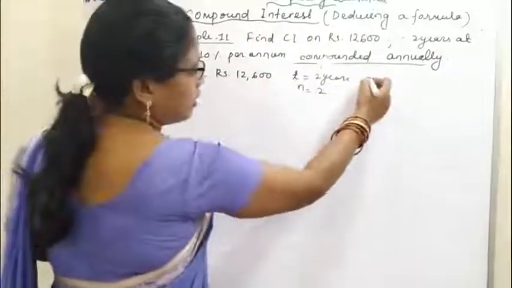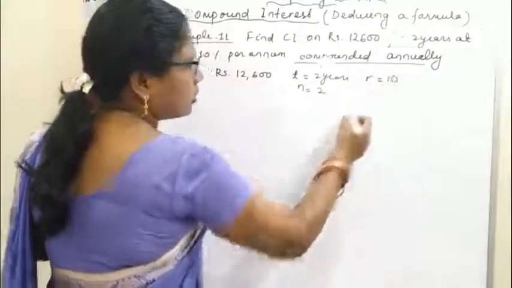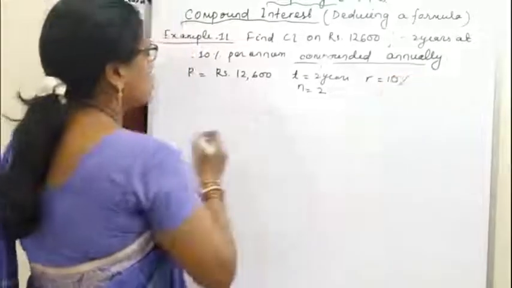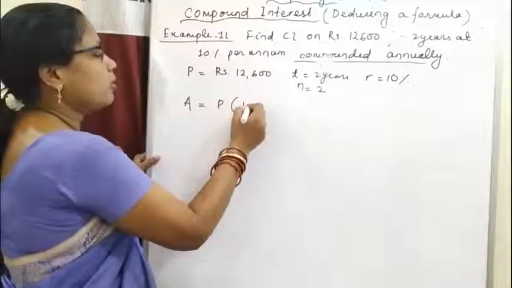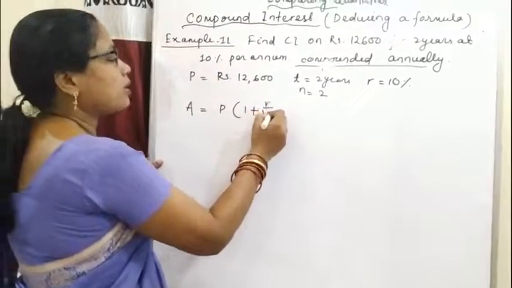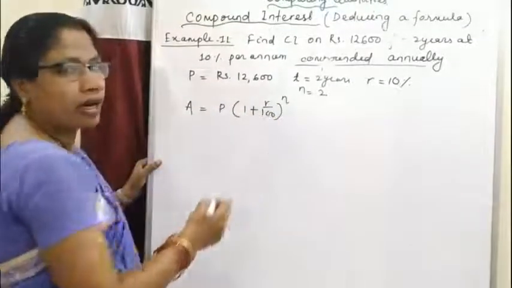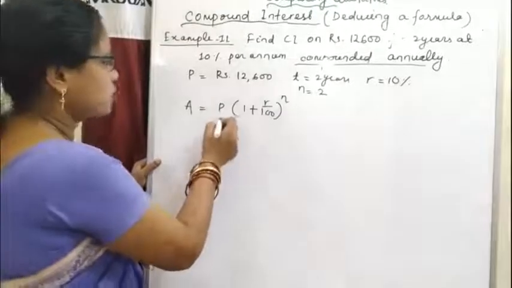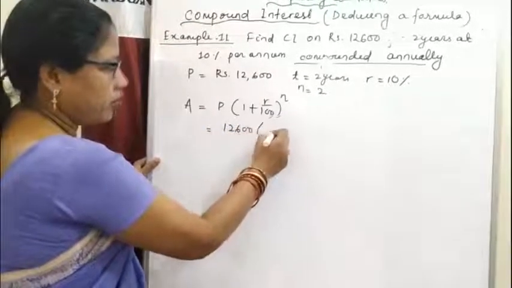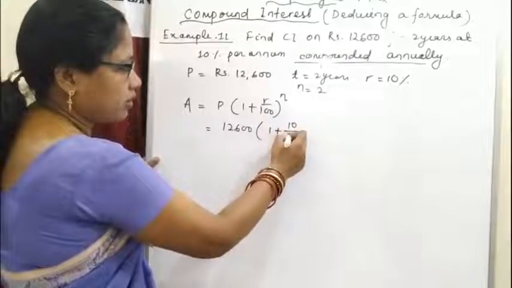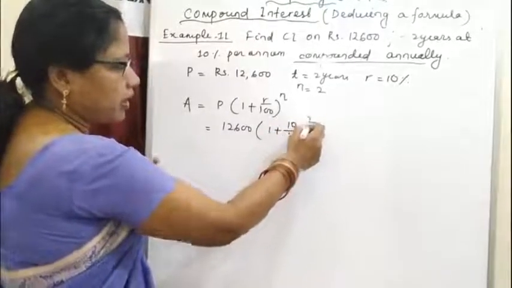And rate of interest R is equal to 10%. So we have the formula, amount is equal to P whole into (1 plus R by 100) raised to the power n. By using this formula, 12,600 multiplied with (1 plus 10 by 100) raised to the power 2.